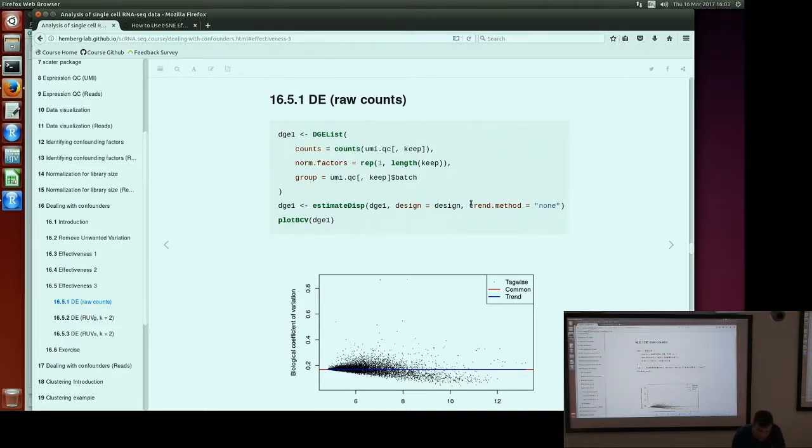The one main thing when using edgeR on single cell data as opposed to bulk data is that we want to use this argument trend.method and set that equal to none.